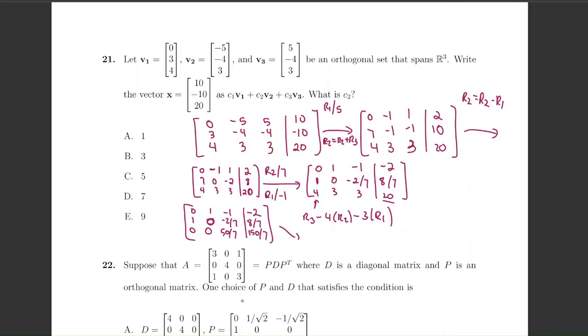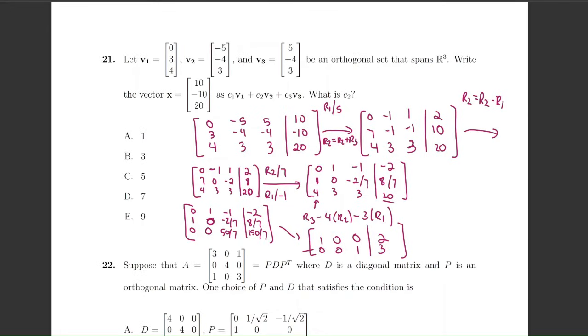Okay, and now we can do some good row reduction where we divide the last row by 50 over 7. That should give us 3 here. And then we would eliminate everything here. So you'd add 2 sevenths times this row to here. When we do that, that's 6 over 7, so that's just 0 and then 2.